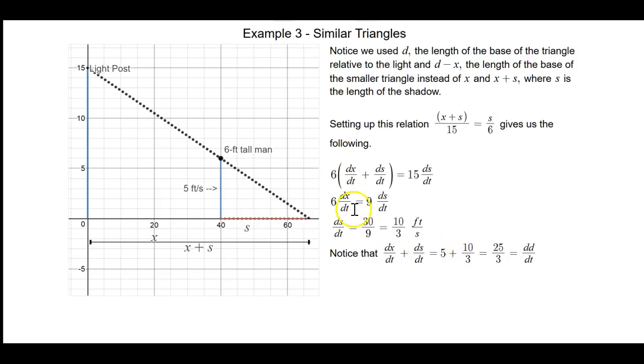But if we do solve this, we find that the shadow's lengthening at a rate of 10 thirds feet per second. And his rate of 5 feet per second plus that lengthening shadow's rate of 10 thirds feet per second does add up to the rate at which the tip of the shadow is moving from the light.